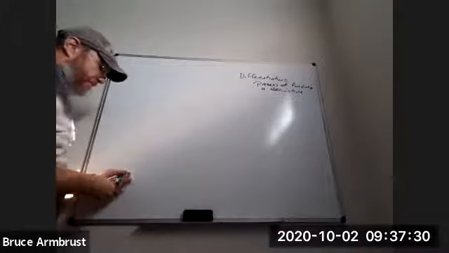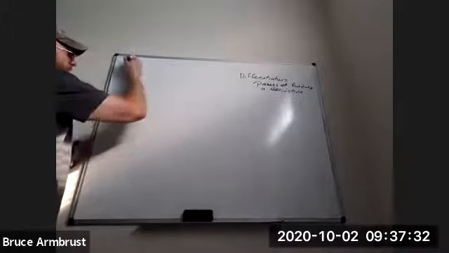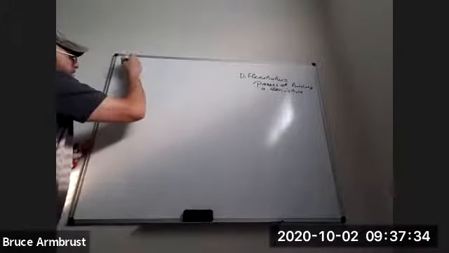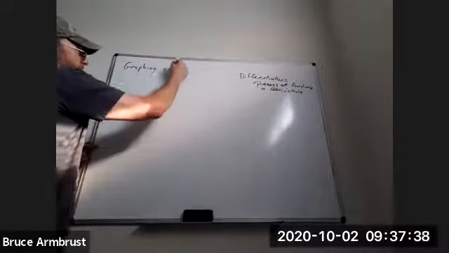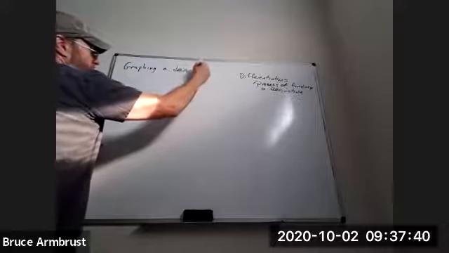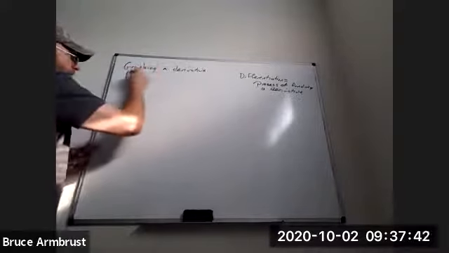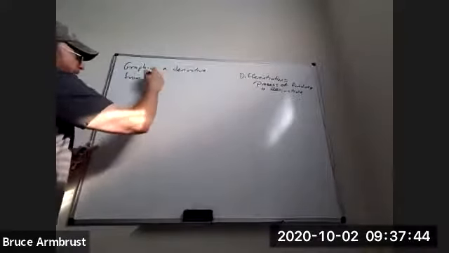All right. Well, let me show you this. This is actually kind of handy. Let me show you how you can graph a derivative by looking at the graph of the function.